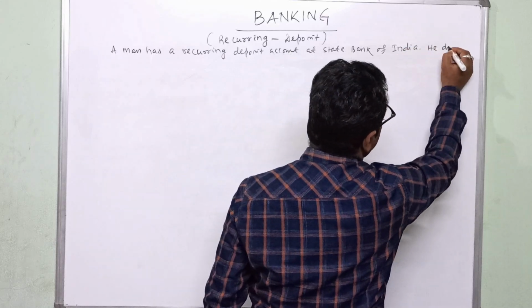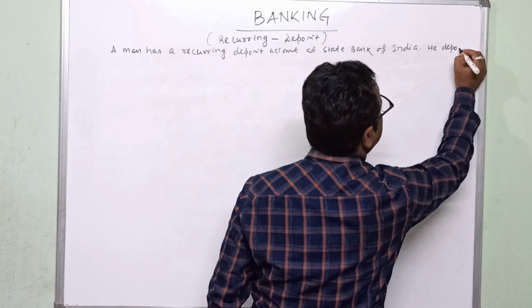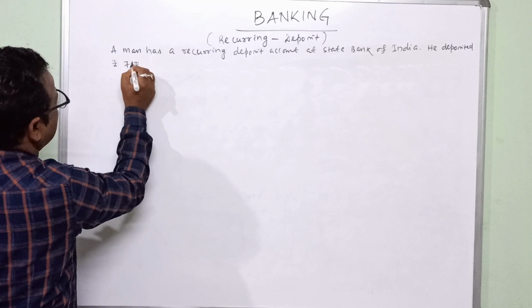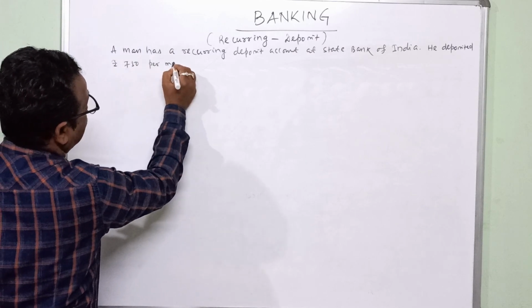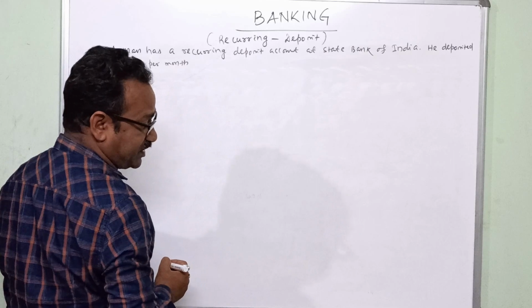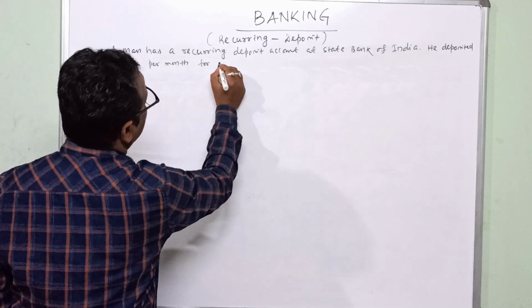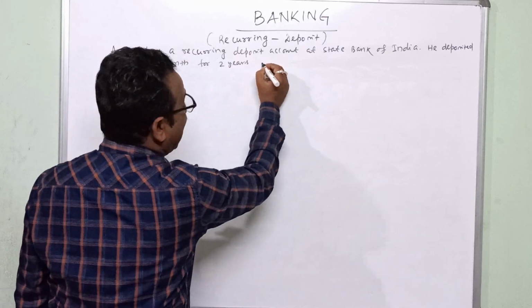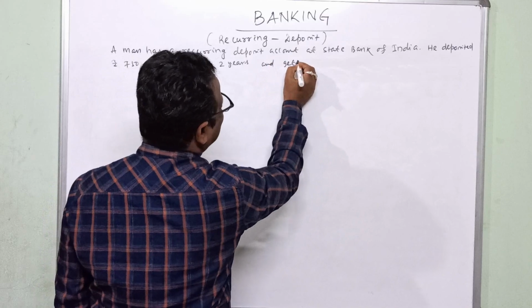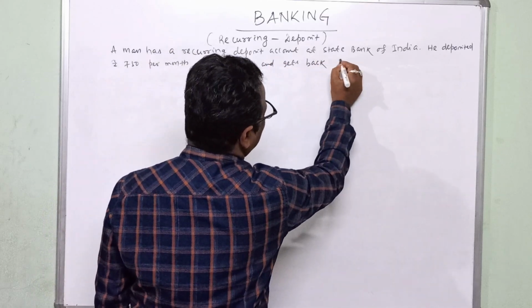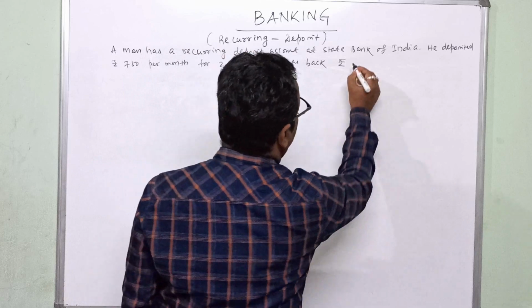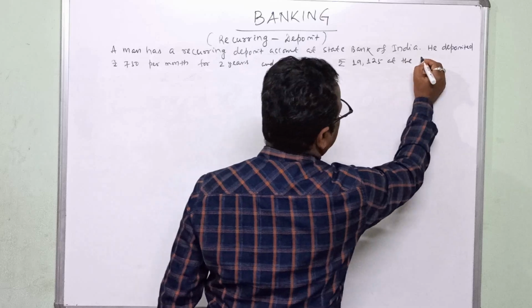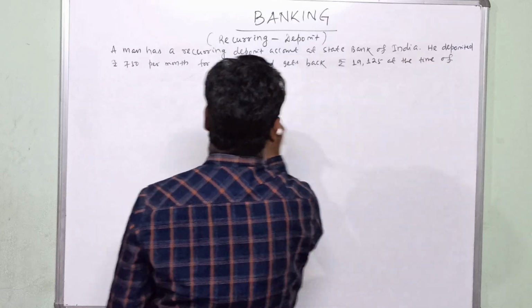He deposited rupees 750 per month for 2 years, and gets back rupees 19,125 at the time of maturity.